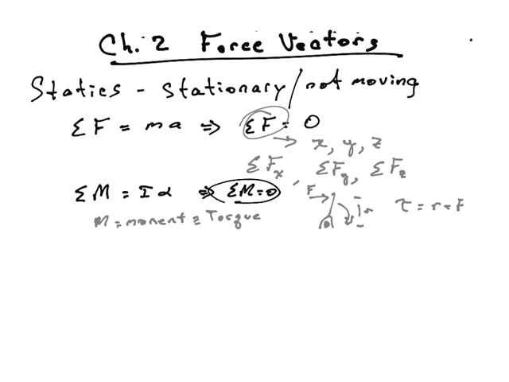And so what you're going to see is that physicists and engineers don't always solve the same problem in the same way. There are 2 different methods, and I'm going to try to show you both methods.